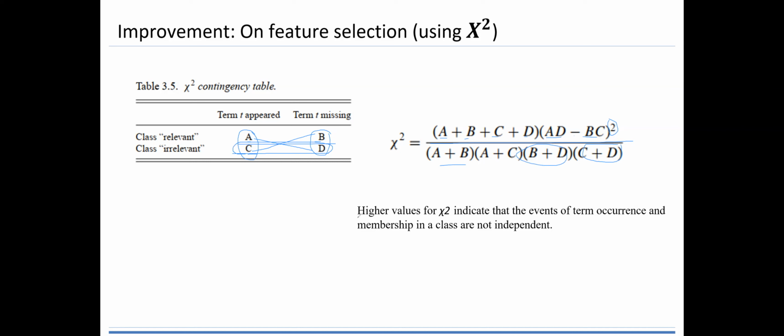So the higher value of the chi-square indicates that the events of term occurrence and membership in a class are not independent. If the chi-square is high, then there is a dependency between the term and the class.